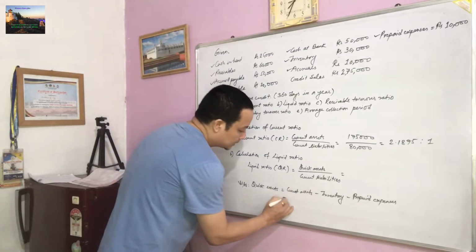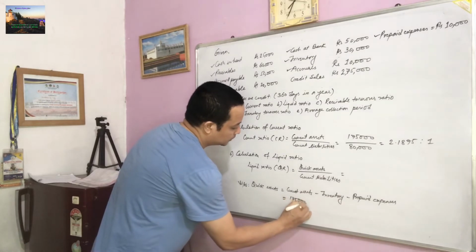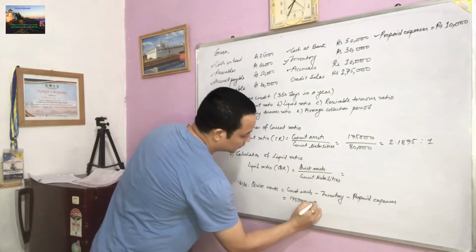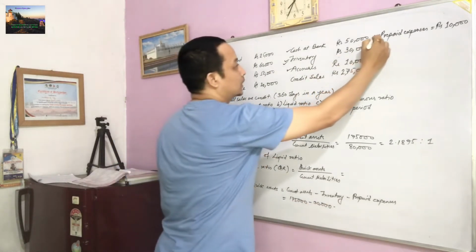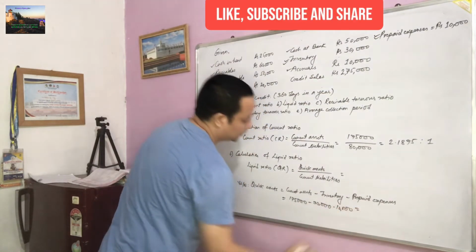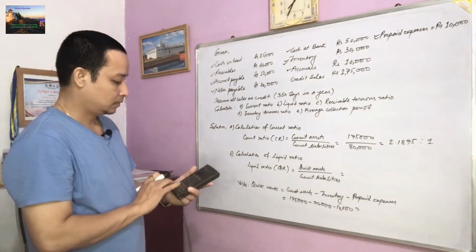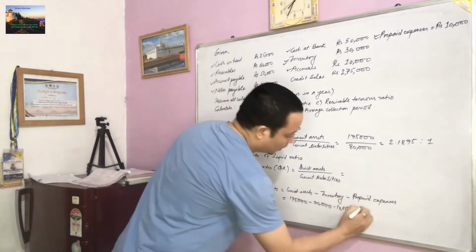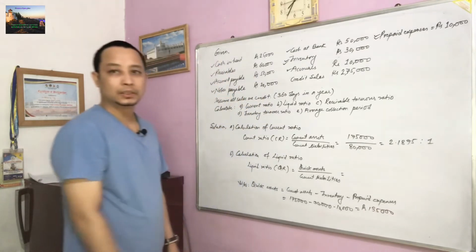So here current asset is your 1,75,000 minus inventory. Here inventory is 30,000 minus prepaid expenses here 10,000. So that will be your 1,75,000 minus 40,000, 1,35,000. 1,35,000 is the quick asset.